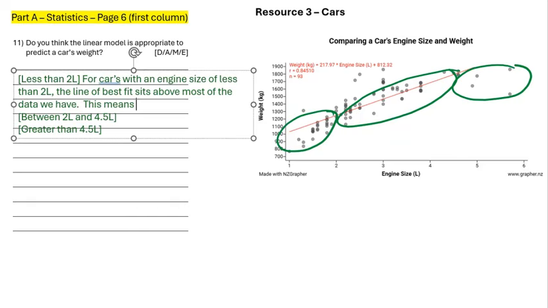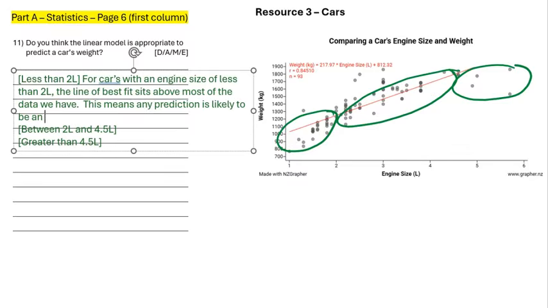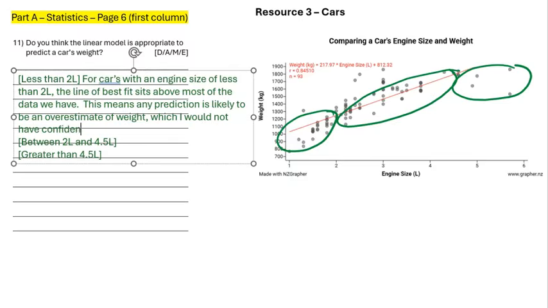This means any prediction is likely to be an overestimate of weight, which I would not have confidence in. Any prediction we make there, we're probably going to be predicting over, noting the actual car weight is going to be less than that.